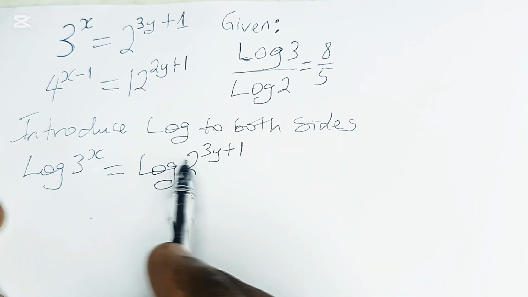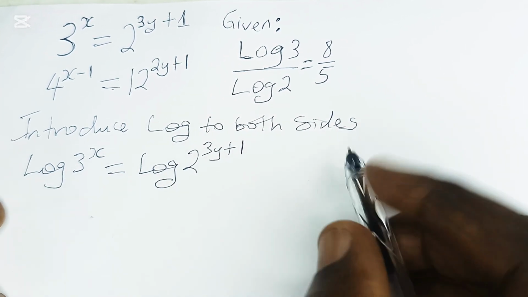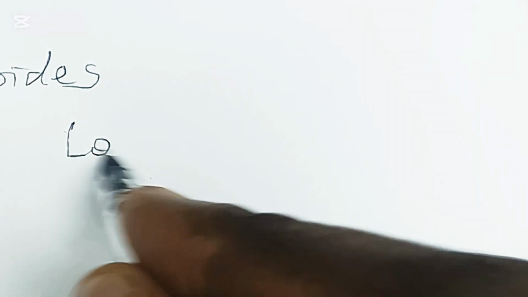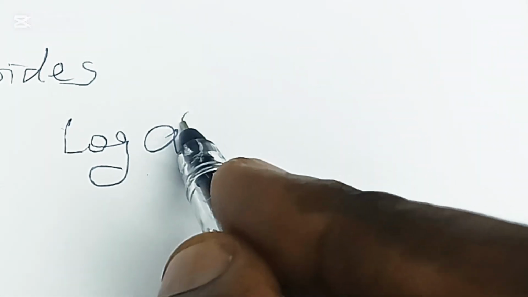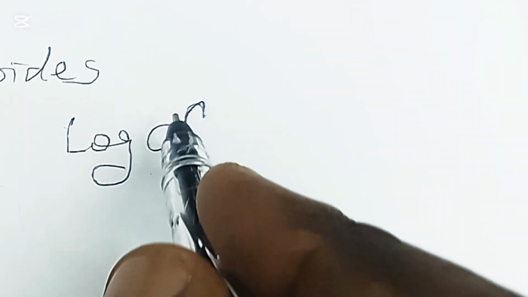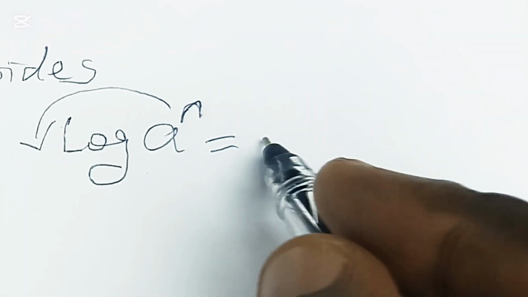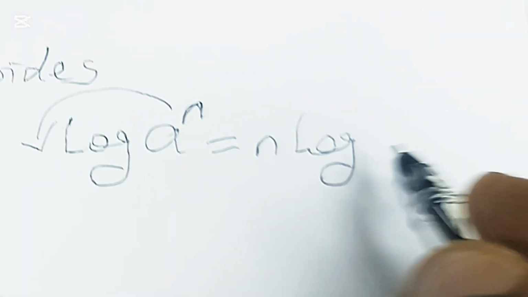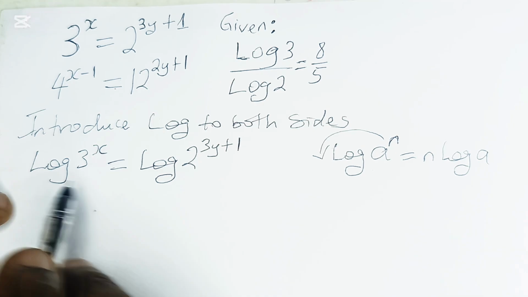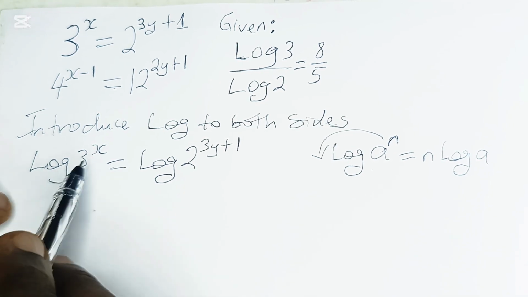To further solve this, under the law of logarithm, recall that when you have log a raised to the power of n, this n can come over here. So we have n times log of a. Let's apply that here.